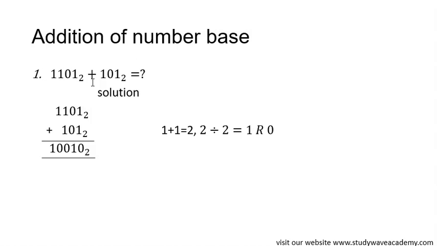They are digits that have only 2 digits, okay? 0 and 1. And binary numbers are base 2. So if you see a number like this, even if there is no 2 attached to it, this is a binary number, and know that it is a base 2 number, okay?